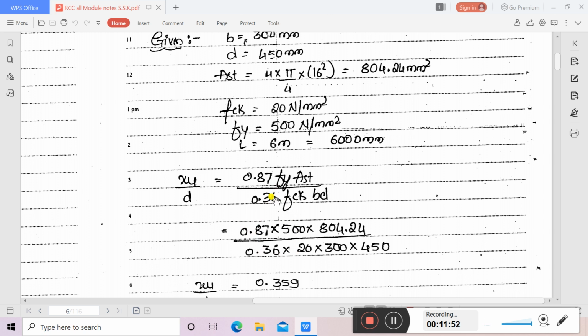Xu max by d. Now what I will do, 0.87 is the factor of safety for steel. 0.36 is the coefficient or factor for grade of concrete.